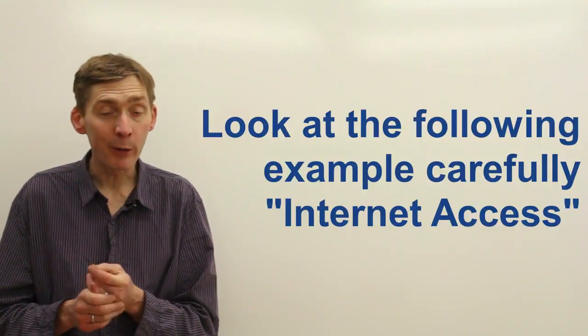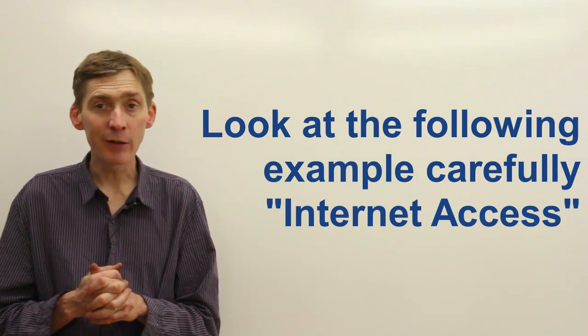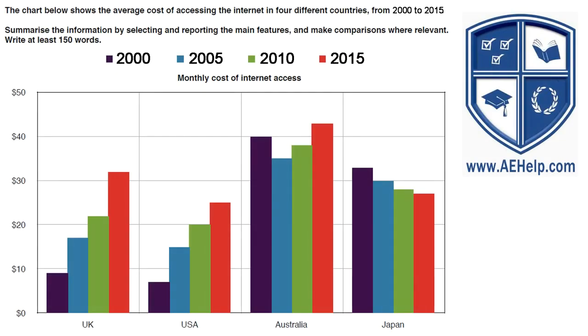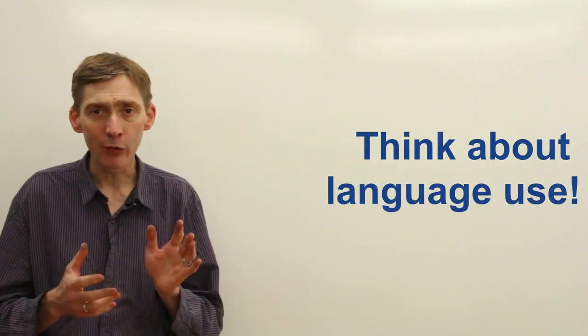Okay, so let's take a look at the example question today, which is about internet access and the cost of internet access in different countries around the world. And we'll put that task up here for you so you can take a look at it. Now, the first thing we need to think about is the language that you're going to use.